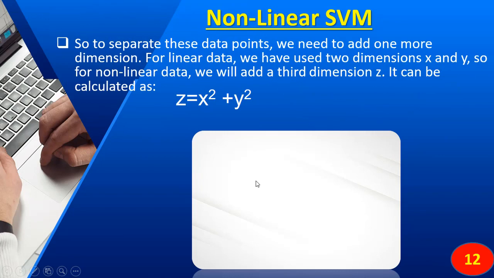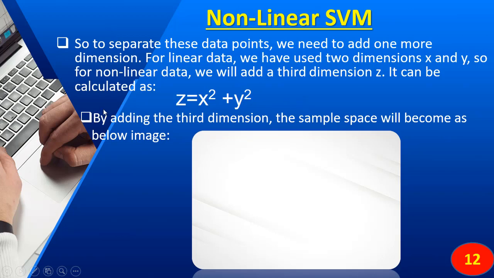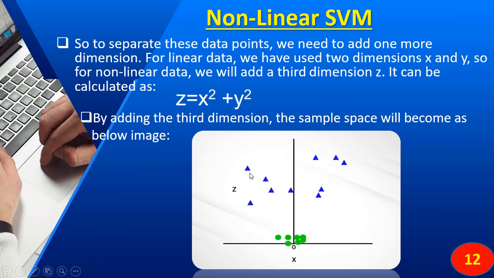Nonlinear SVM. To separate these data points, we need to add one more dimension. For linear data, we have used two dimensions, x and y. For nonlinear data, we will add a third dimension z. It can be calculated as z equals x squared plus y squared. By adding the third dimension, the sample space will become as in the below image.